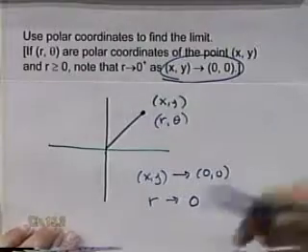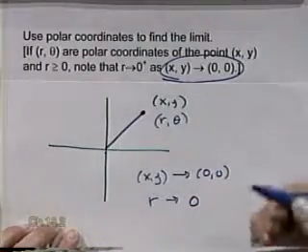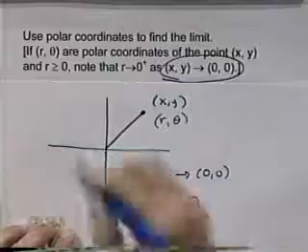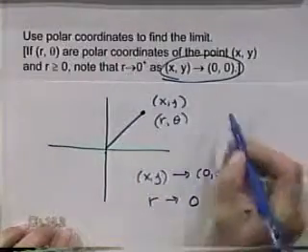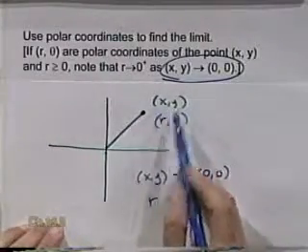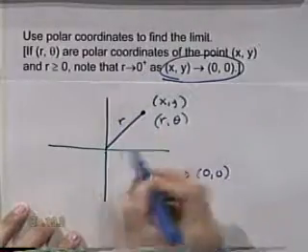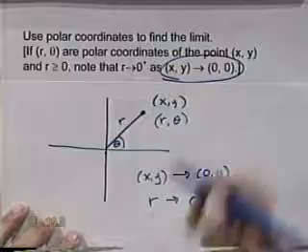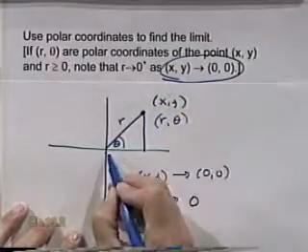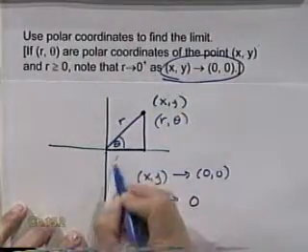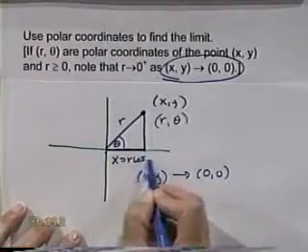Now the only thing to remember, if we do polars, we have to transpose it into r's and thetas instead of x's and y's. Does anybody remember the relationship between x, y, r, and theta? Remember, r is how far the point is from the origin. Theta is your angle in standard position. Since this is the adjacent side right here, notice x equals r cosine theta.